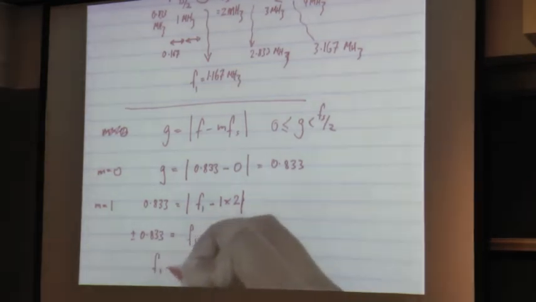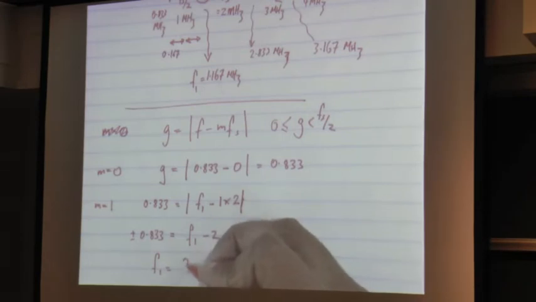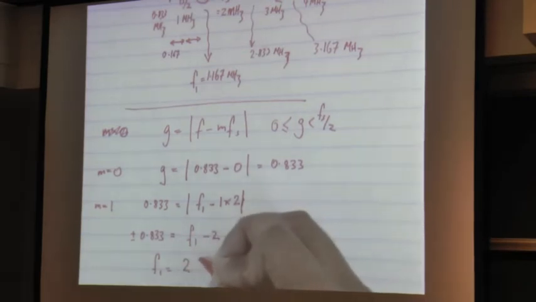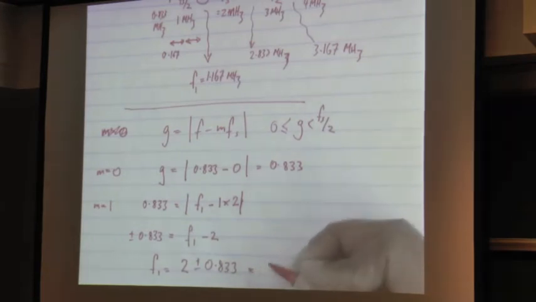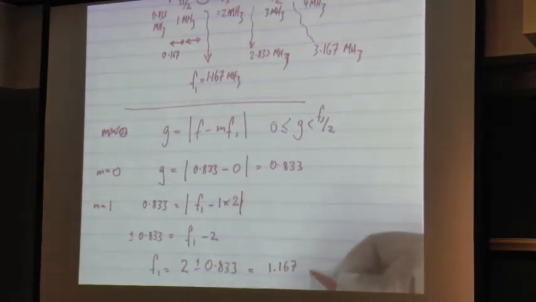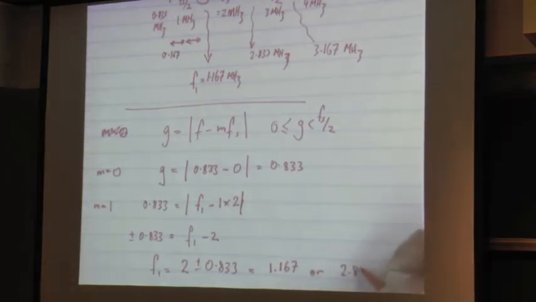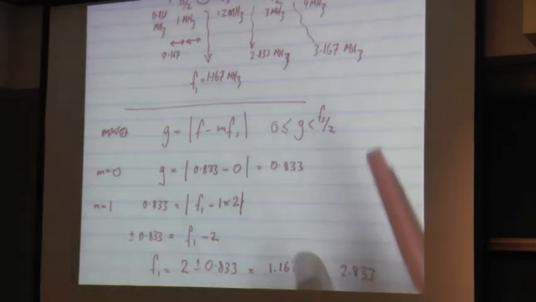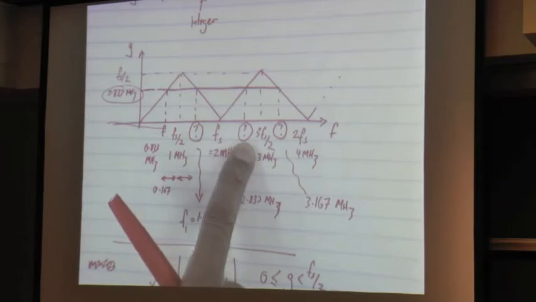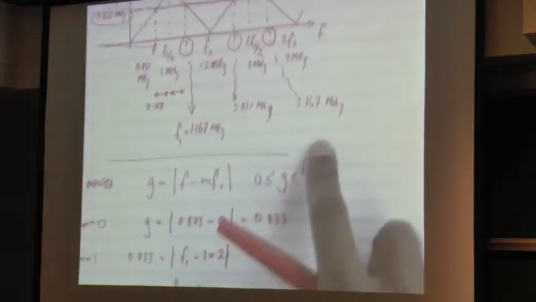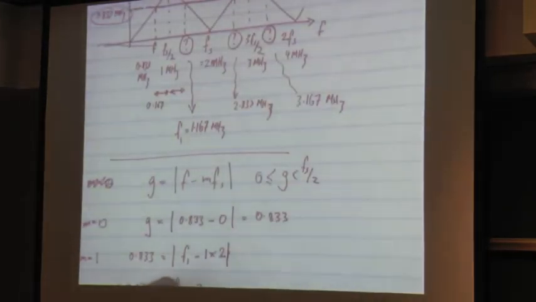And then f1 equals, therefore, 2 plus or minus 0.833. So that equals 1.167 or 2.833. So we get two answers out of that, which are this frequency and this frequency over here. To get the third frequency, we would have to do the same thing with m equals 2.